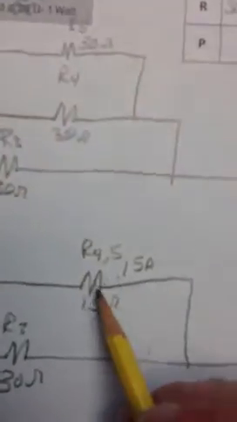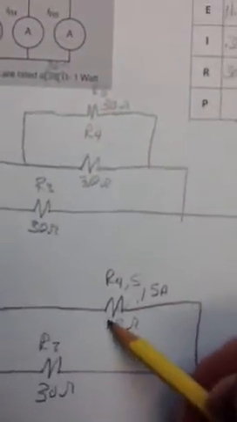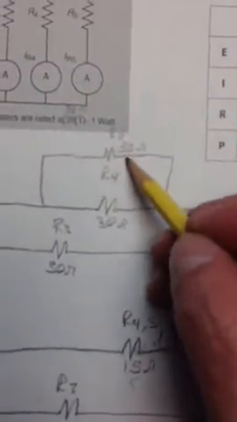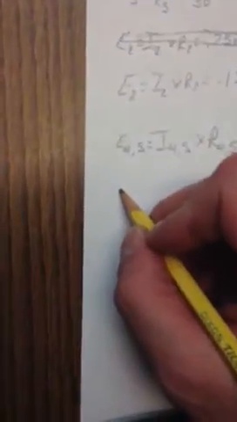Okay, so that means, since this is a parallel, I've got 2.25 on both of these. So now I could write this in. And now I've got my two items I need to solve for that current right there.